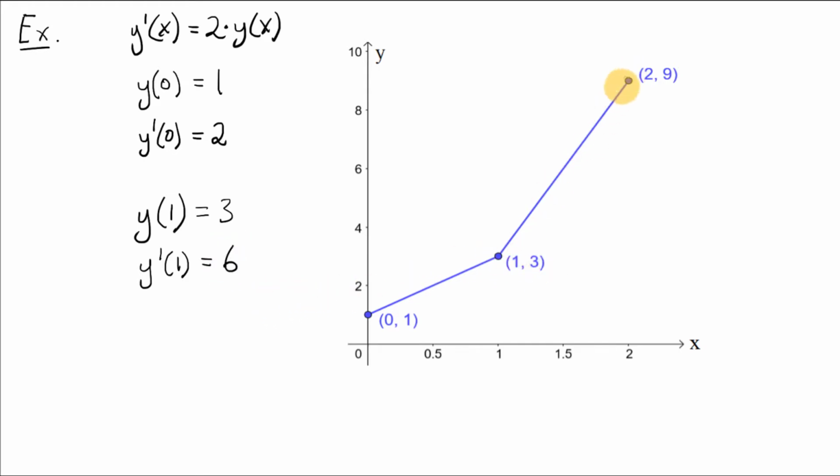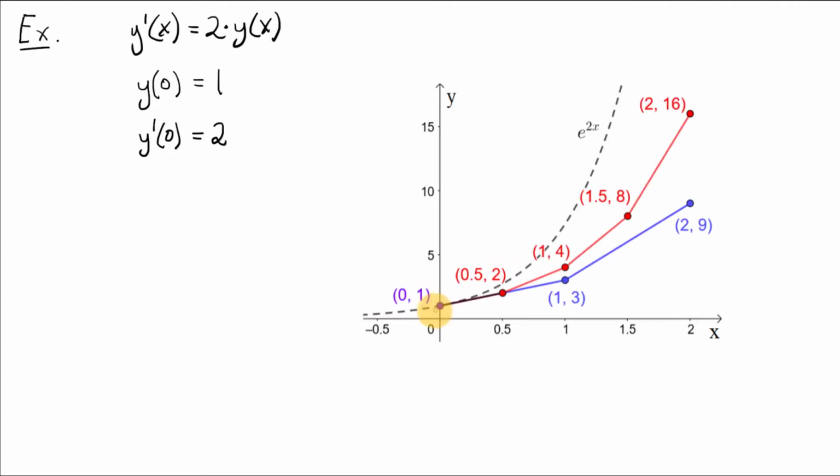And here we have drawn this, because if you go one step here now, you go 6 up, you end up here. So this is the continuation of the curve if it will continue with this slope. So you see that we can trace out an approximate solution by going in steps of 1. And here we have drawn it again, this blue curve here, and this is an approximate solution.